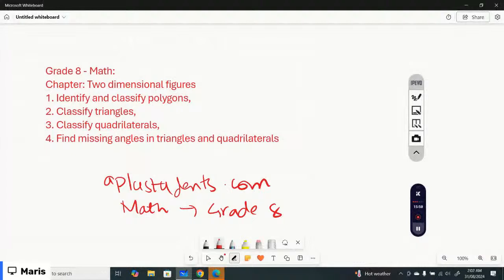We're going to start with the chapter two-dimensional figures, and the lessons we're going to cover today are identify and classify polygons, classify triangles, classify quadrilaterals, and find missing angles in triangles and quadrilaterals.